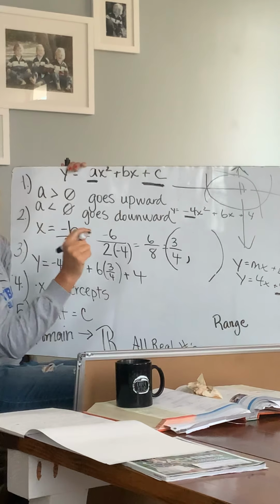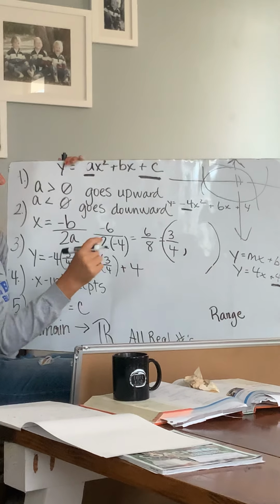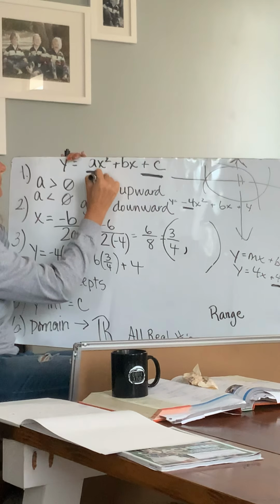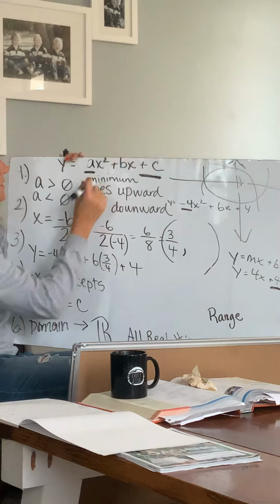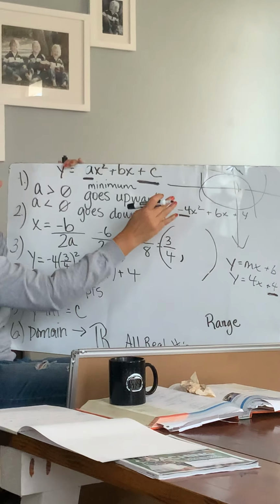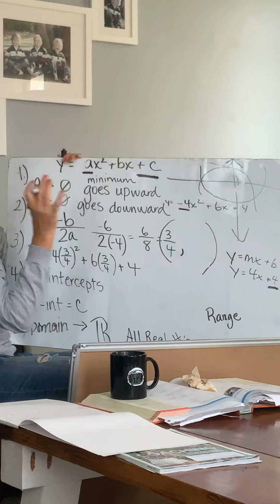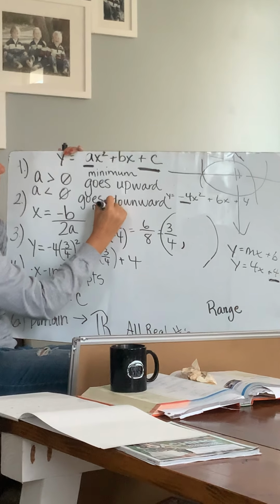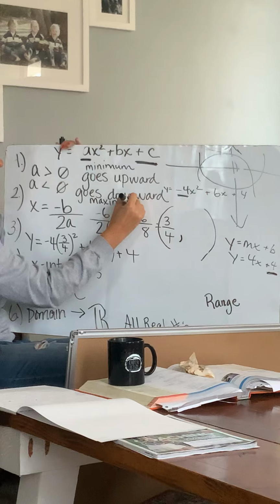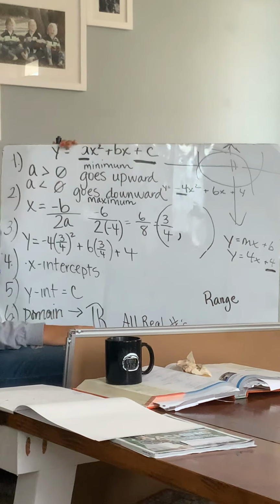So that would make your vertex a minimum value, because everything is going to be greater than it. If A is less than 0, it means your vertex is going to be your greatest amount, so it's going to be a maximum value, okay? And we'll get to that in just a minute too.